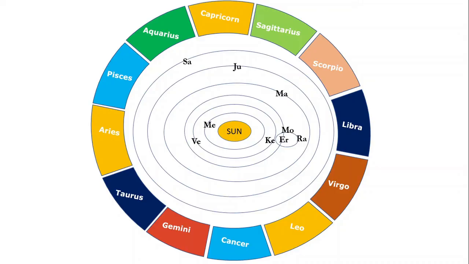Now there are two planets remaining, that is Rahu and Ketu. Actually these are the shadowy planets, not the original or natural planets. So Rahu is positioned in the Libra sign and Ketu in the Aries sign.